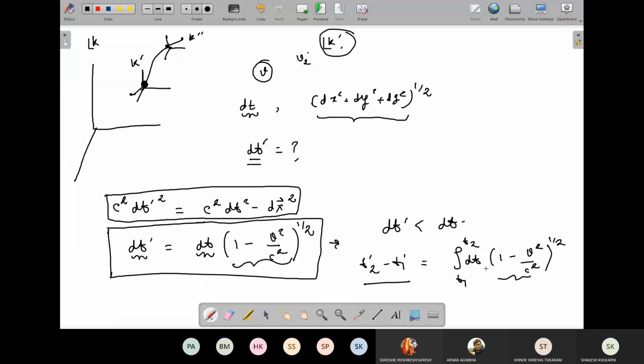Okay. So now, as a special case, suppose v is constant.